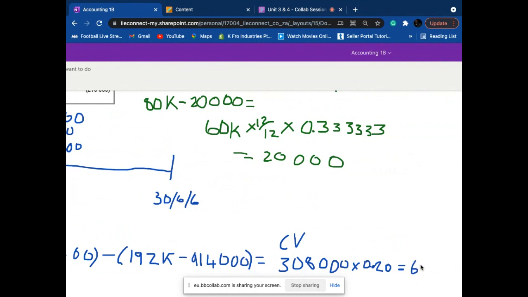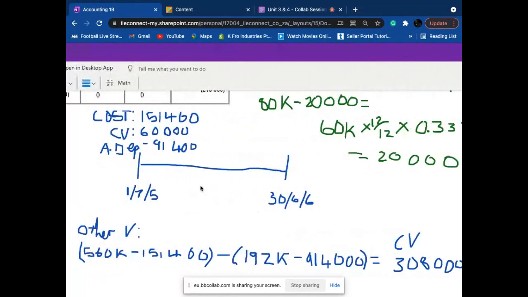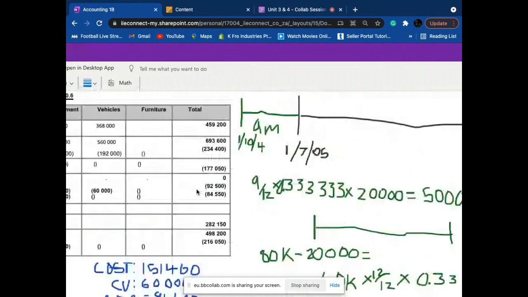61,600. Okay, now can you see this 61,600 is the depreciation that took place during this financial year for the vehicles. Oh my goodness, that was supposed to be an arrow. Okay, let's see if we can redeem the situation. That's the depreciation on the vehicles that we kept, during this financial year.